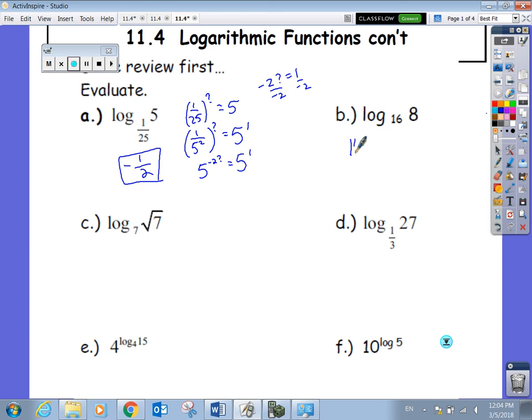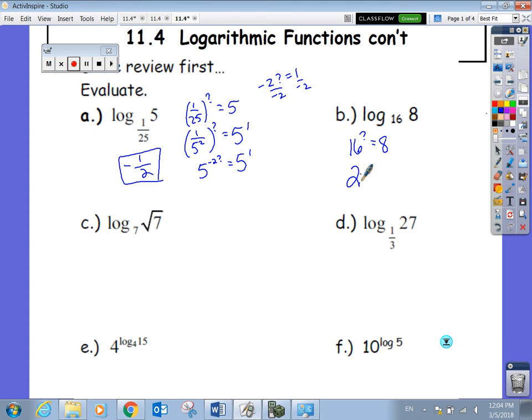Here, 16 to the what equals 8. Whenever the what you're looking for is in the exponent, that's when you have to use like bases. Some of you can look at that and know what it is. Terrific. If not, like bases are for when the missing number is in the exponent, which it is here.